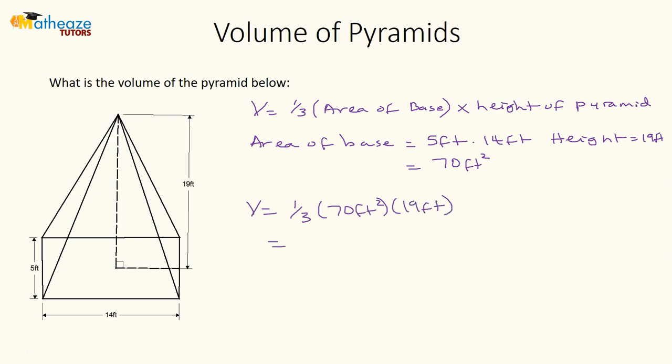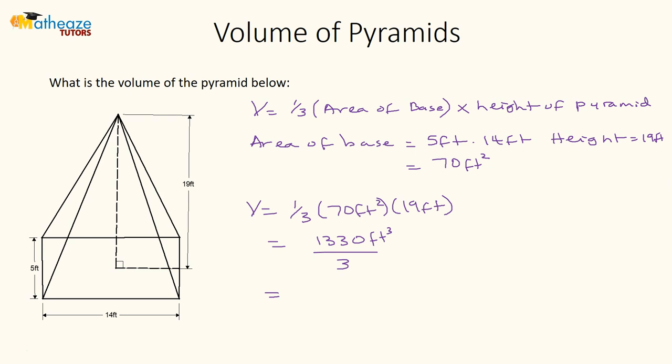is going to give us, when you compute 70 and 19, 1,330 cubic feet over 3, which, when you put this in a calculator, you divide through.